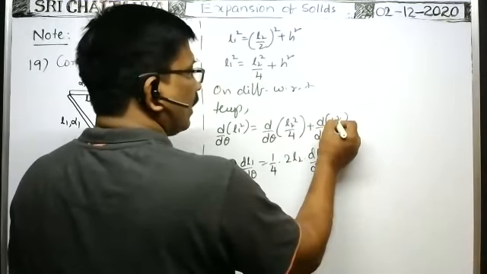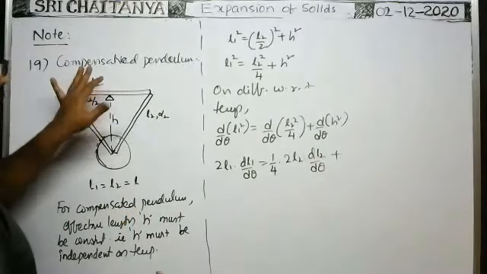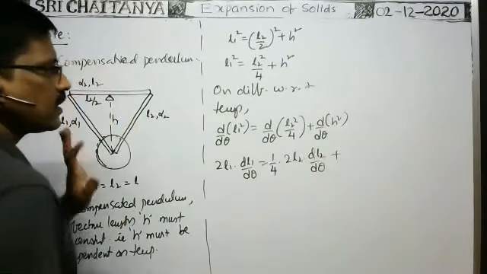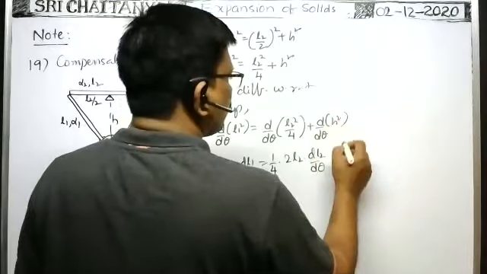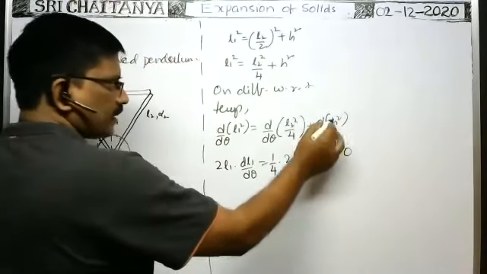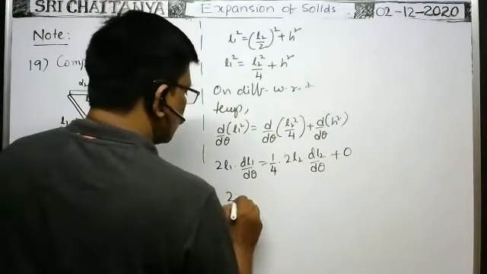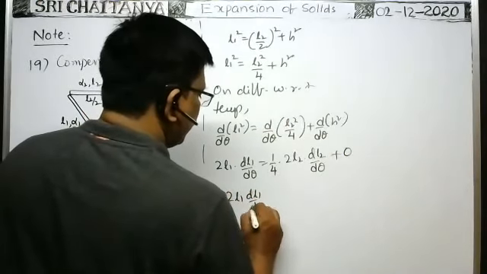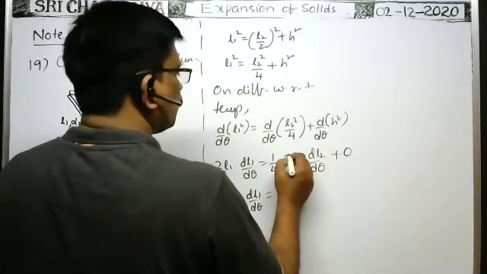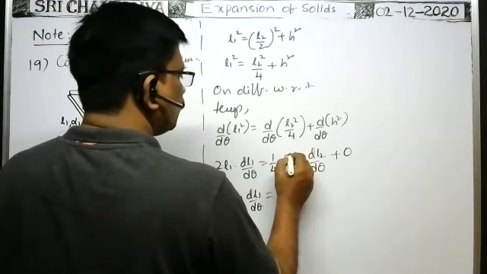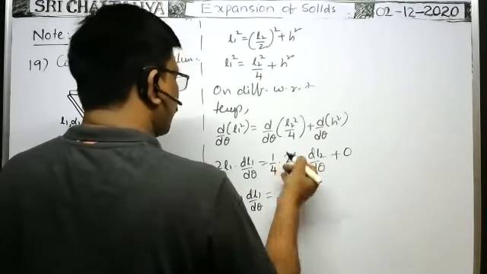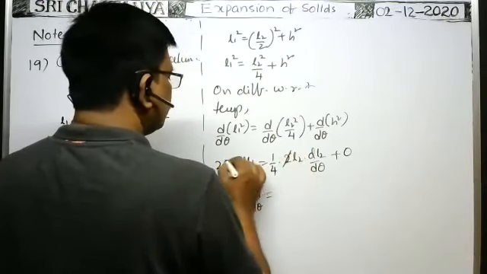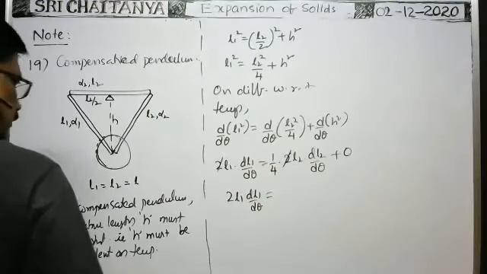Plus, as H is constant according to the compensated pendulum, when you differentiate it, it must be 0. So from this, 2L1 dL1 by d theta is equal to, here the twos cancel.